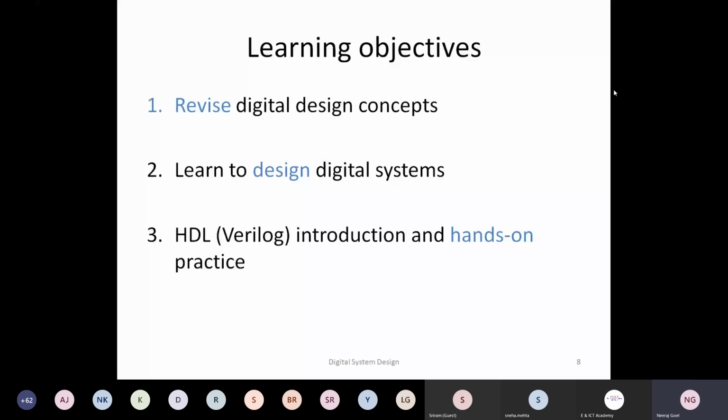The approach we'll take here is slightly different. We will not do the traditional Verilog course where you start with the language, see the syntax, and then go through each syntax and each construct.